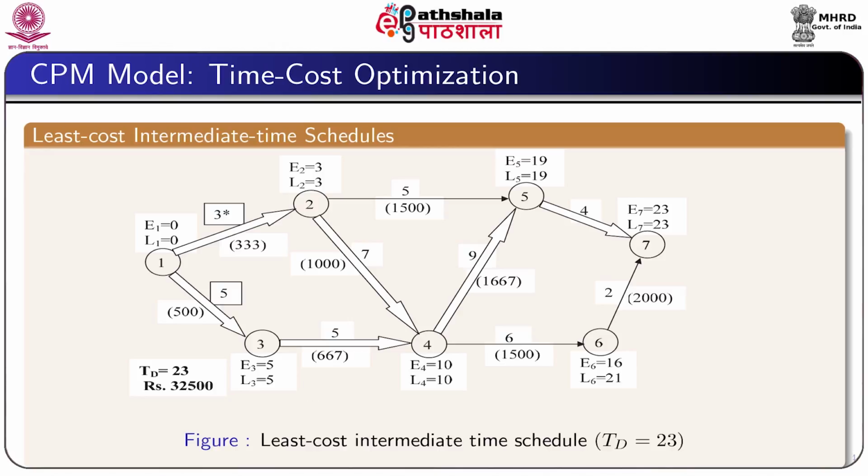Therefore, we reduce the activity time of the activity 1 2 by 1 unit, which is now 3 units. The star indicates that it has already reached the normal time, so further reduction is not possible, and the activity duration time of the activity 1 3 now becomes 5, and in this case the cost becomes 32,500, whereas the total duration of the time becomes 23 weeks.